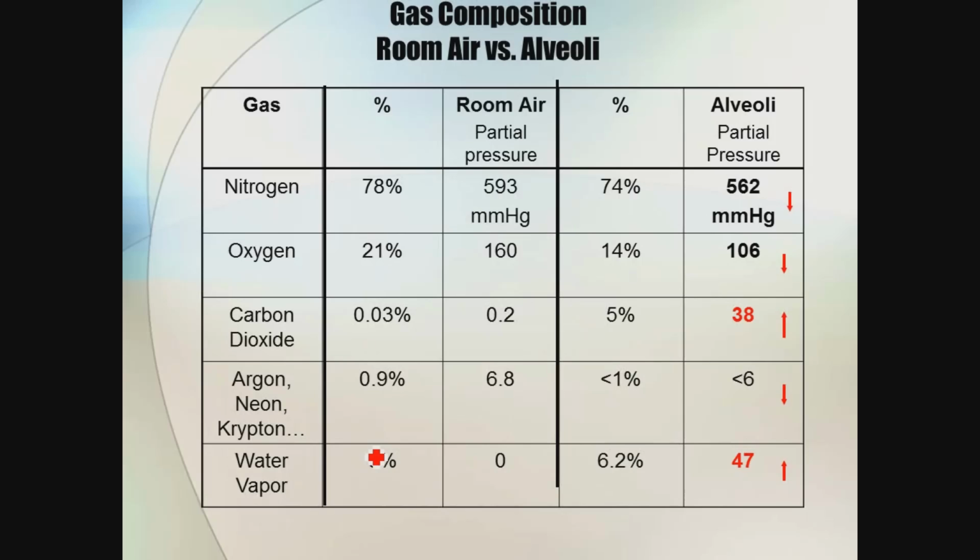And this is just showing, as we inspire the gas in, we've seen this before, there now is the presence of carbon dioxide. There now is the presence of water vapor, and we've got to account for those two. So the partial pressure of oxygen falls as it goes from outside to in.